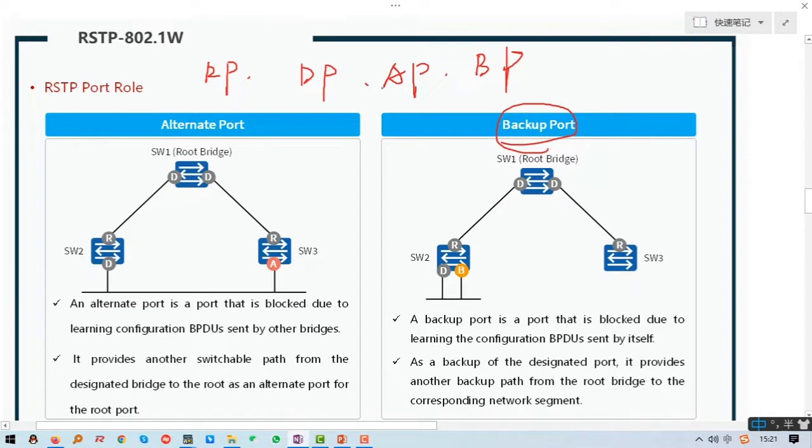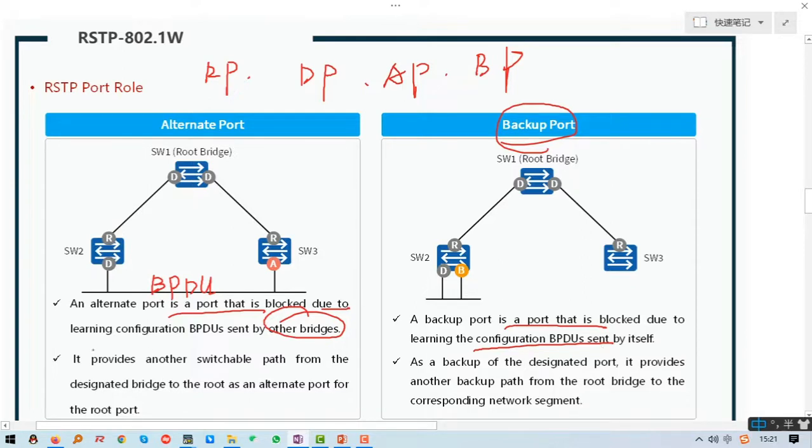From the configuration of sending BPDU, an alternate port is a port that is blocked due to learning configuration BPDUs sent by other bridges, and a backup port is a port that is blocked due to learning the configuration BPDU sent by itself.